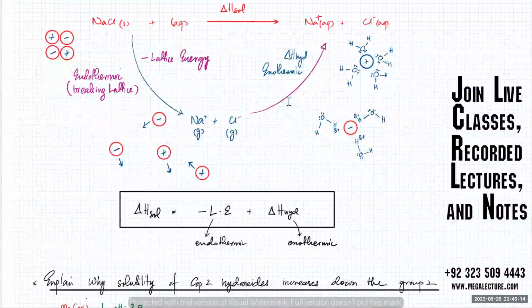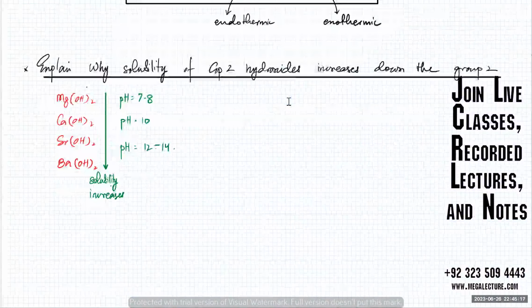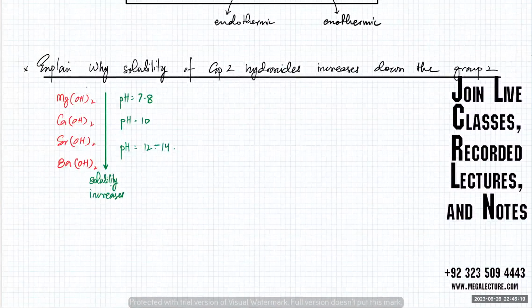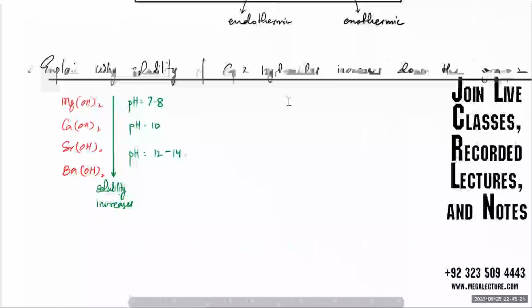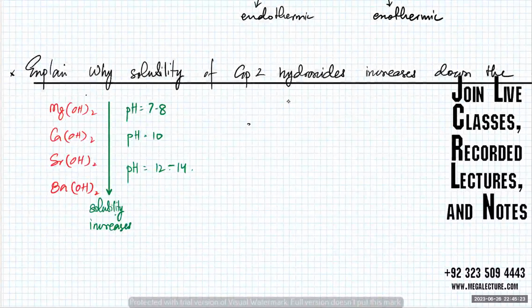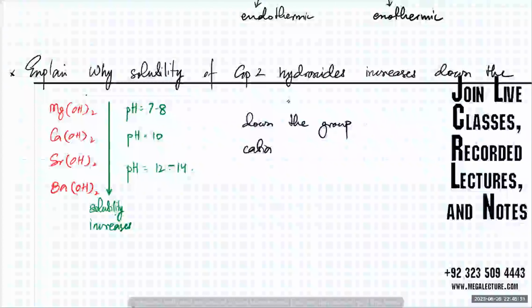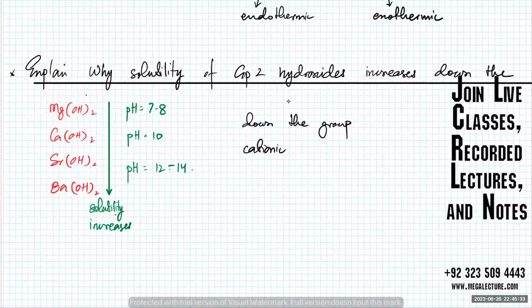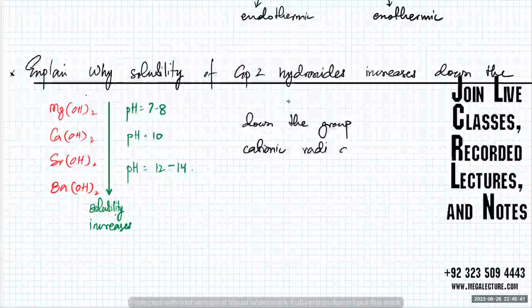So if the solubility increases down the group, here's what you're going to write: when you move down the group, the cationic radius increases. The anion is the same, everywhere it's OH ions, so the cationic radius increases.